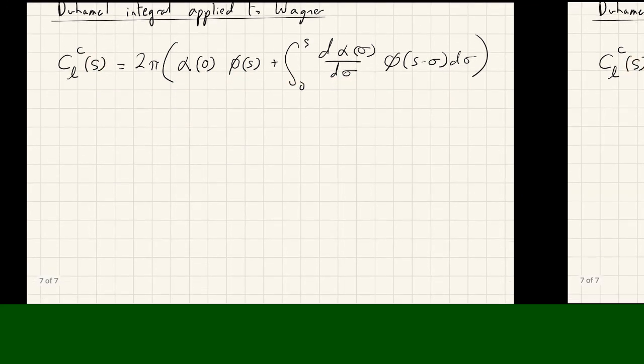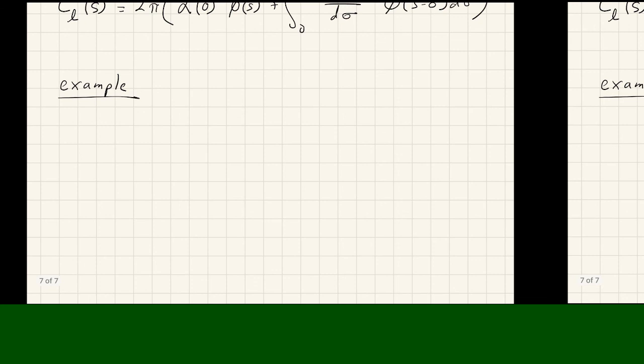And let's do an example to solidify this. Let's assume that alpha of s is equal to 5 plus 5 s squared.